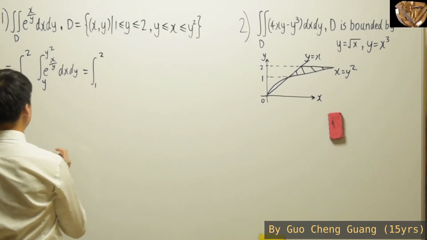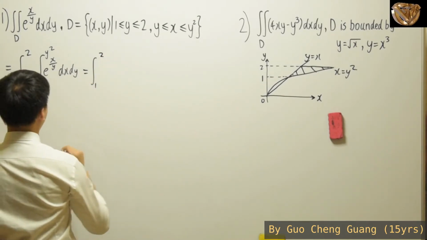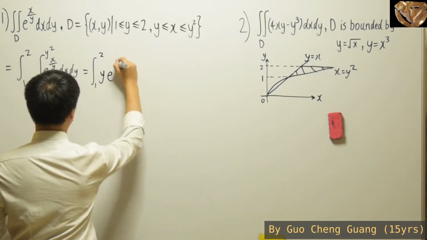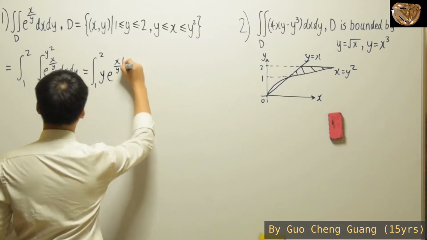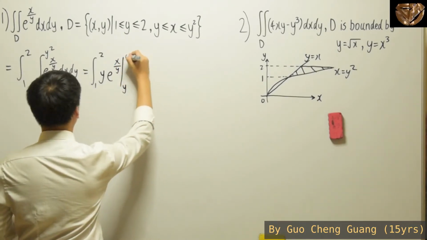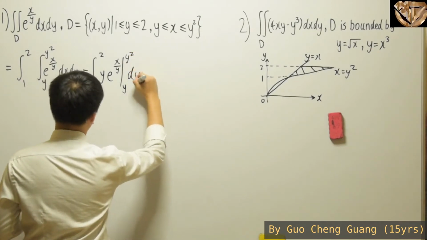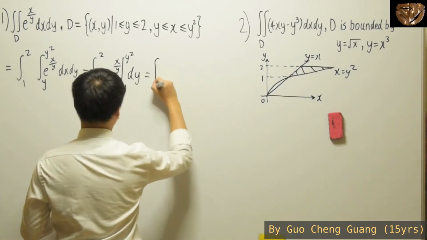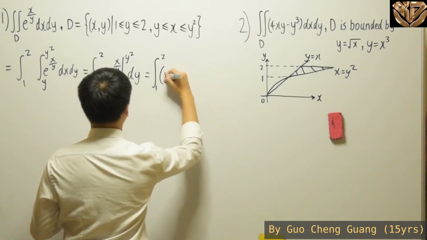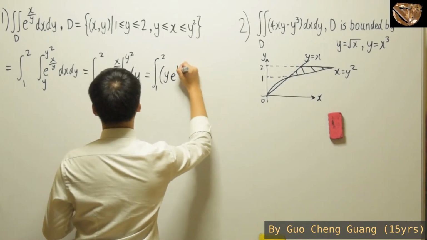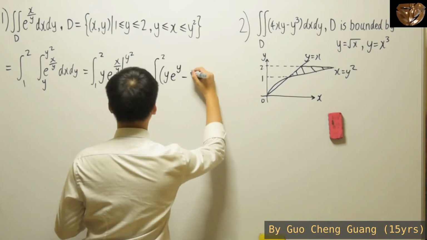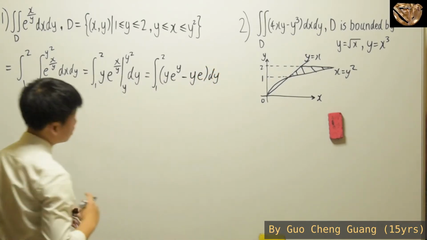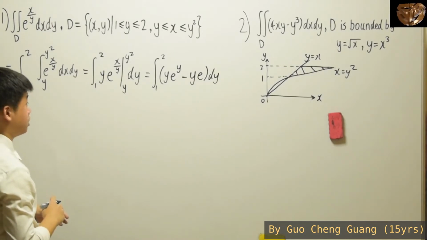Integrating e to the power of x over y with respect to x gives y e to the power of x over y, and then you substitute in x is equal to y and y squared, dy. Now you just substitute in your two values, which gives y e to the power of y minus y e. These are the two functions you'll be seeing.